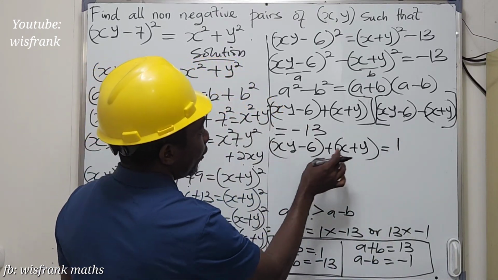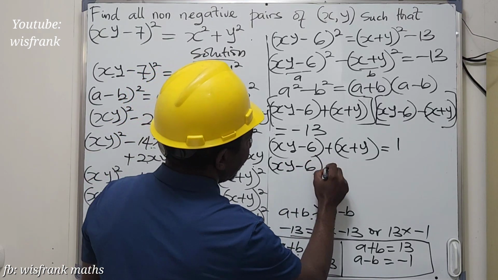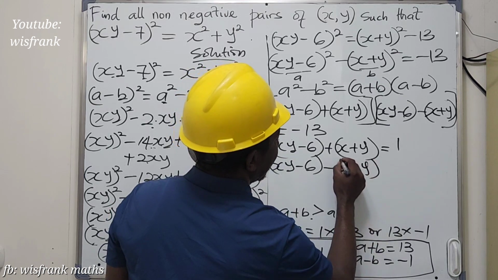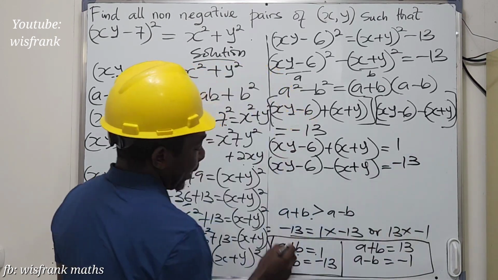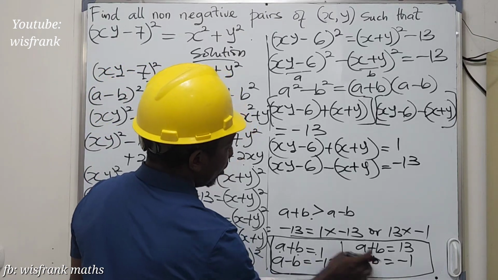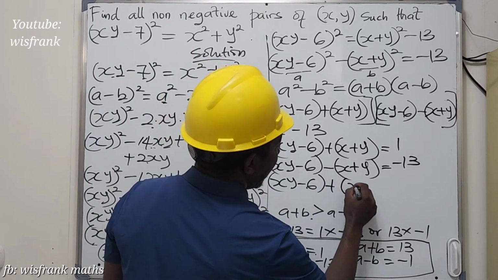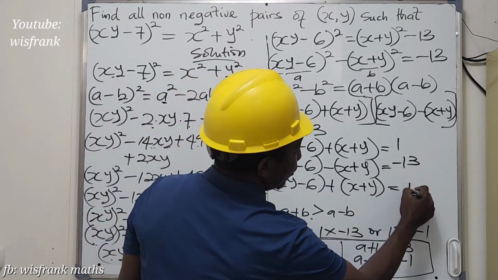And we also have for the second one, xy minus 6 minus (x plus y), which will equal minus 13. That is for this. Then for the second one, we have xy minus 6 plus x plus y equals, because it's plus, 13.